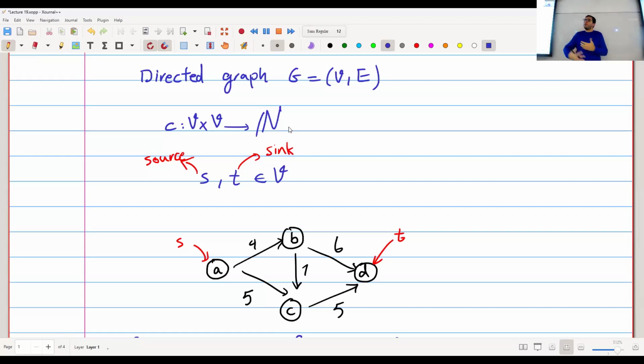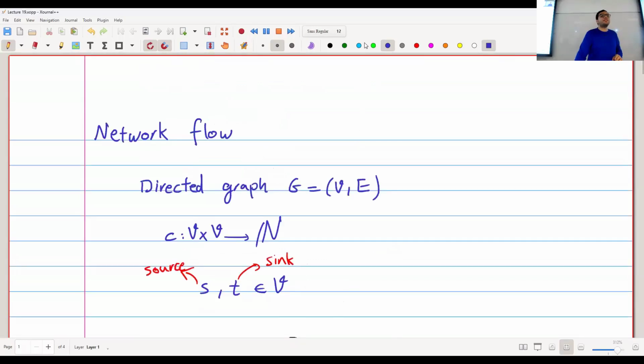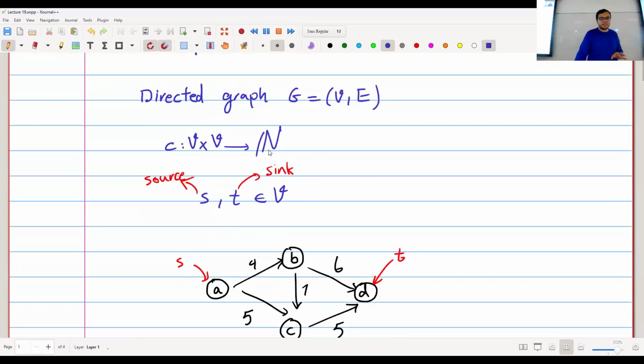So this algorithm terminates, but it only terminates if I say I have natural numbers. If I have real numbers, Google it, it doesn't terminate sometimes. Okay, and in 3711, you will see a very small edit to this algorithm that will actually make it terminate for real numbers as well.